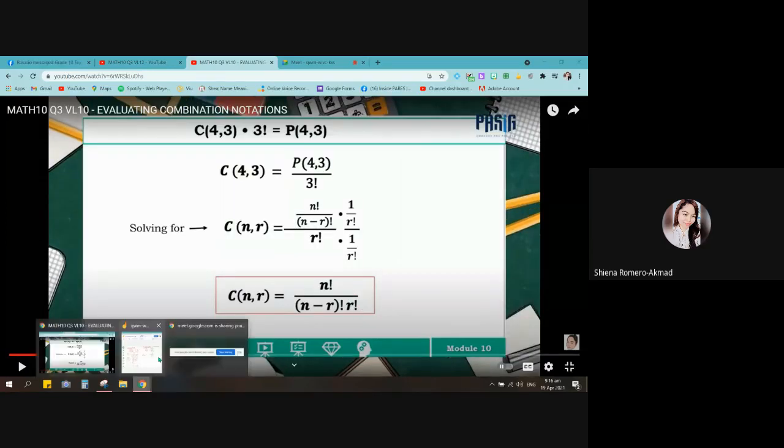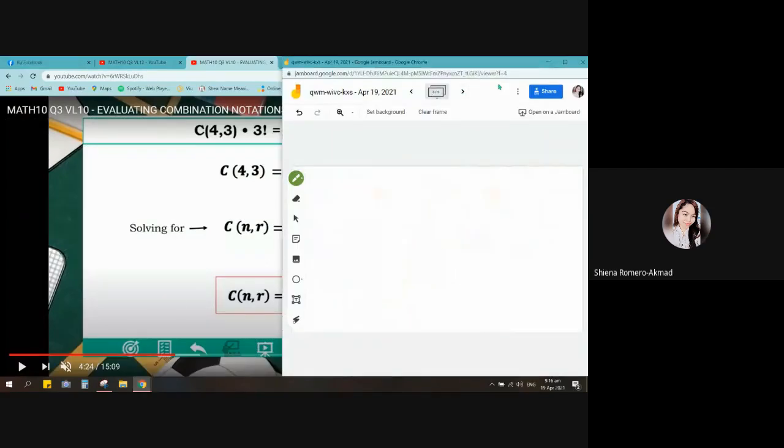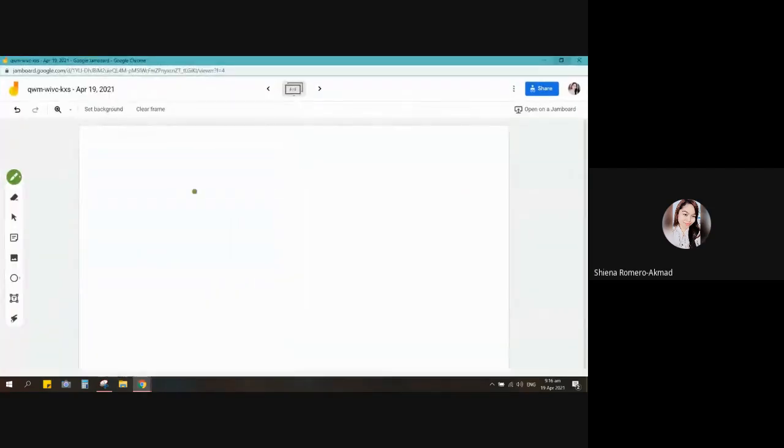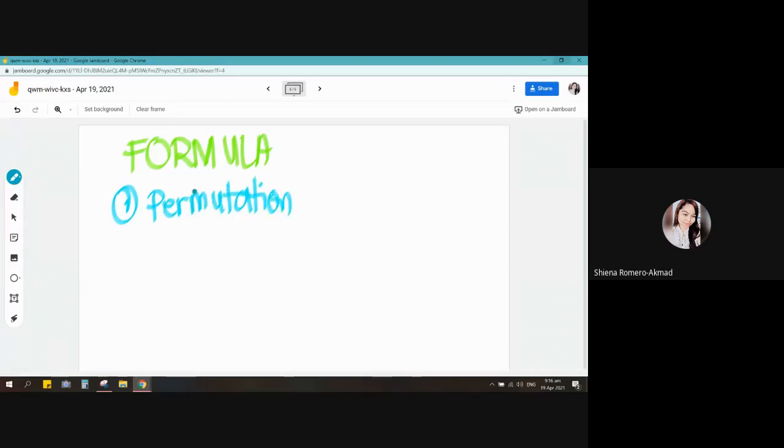Okay? So as you look at their formula, mapapansin nyo sa formula nila, when it comes to permutation, ang formula natin ay permutation of n taken r at a time is equal to n factorial divided by n minus r factorial.